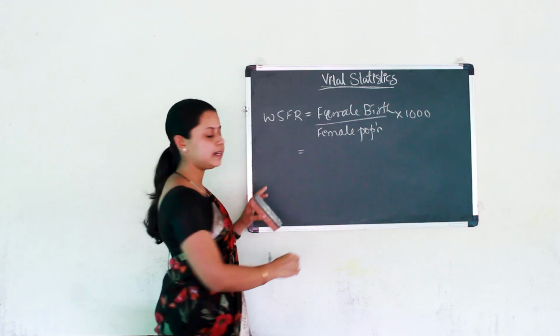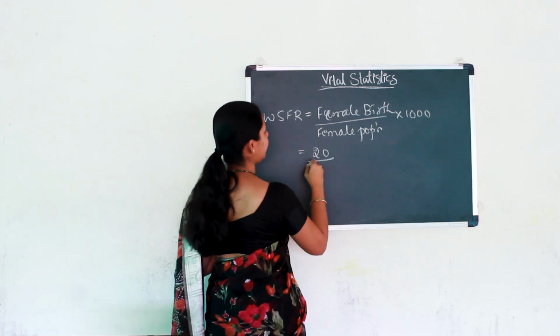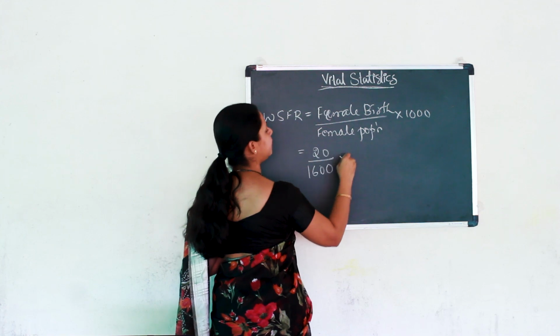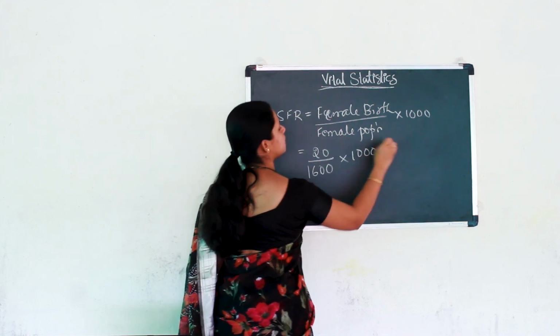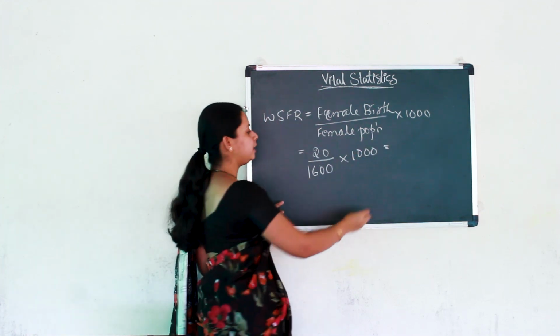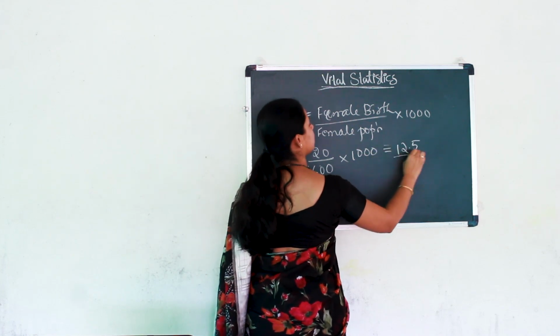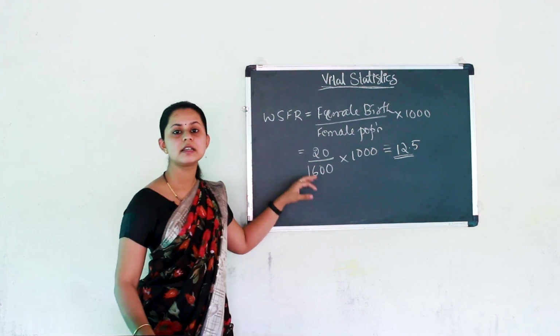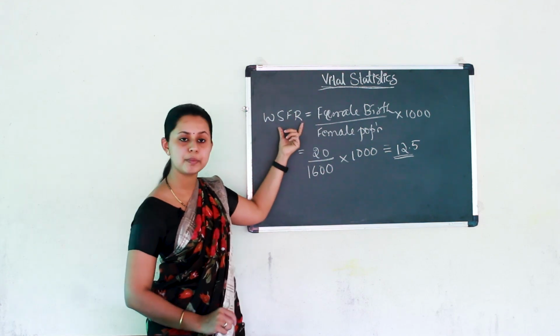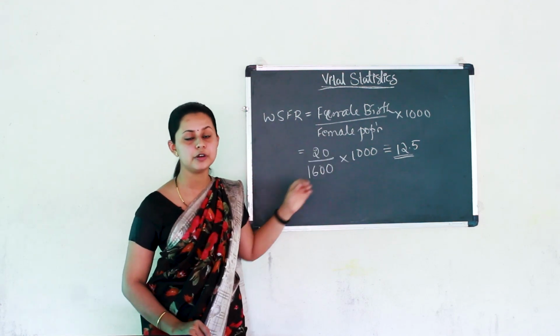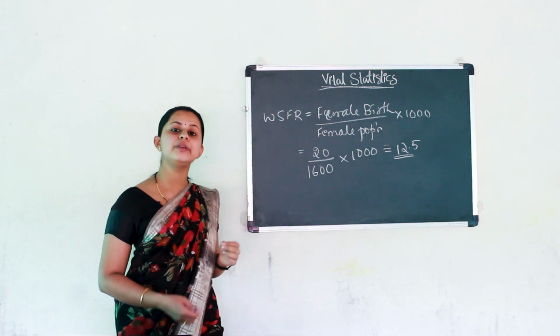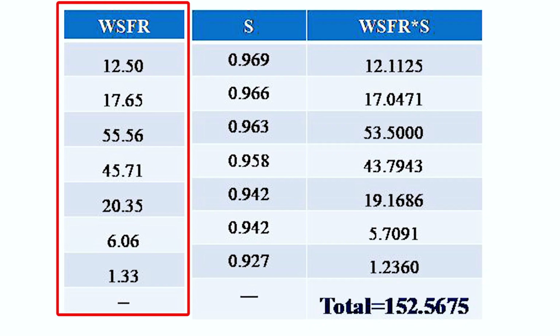The first value is 20 divided by 1600 into 1000, so the value is 12.5. So 12.5 is the woman specific fertility rate for the age group 15 to 19 years.